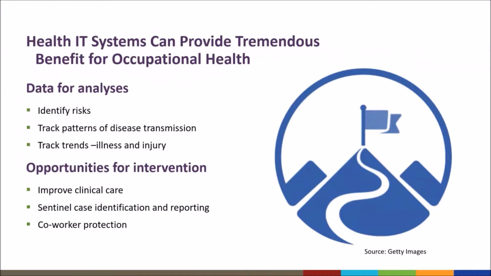Health IT systems provide an opportunity to couple work information with clinical information. If that work information is standardized, then it's computable and supports data analyses. So it would be much easier for public health to identify work-related health risks, track disease transmission in the workplace, and monitor trends in work-related illnesses and injuries.